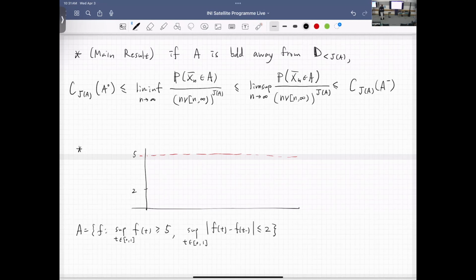This condition can actually be relaxed to this.